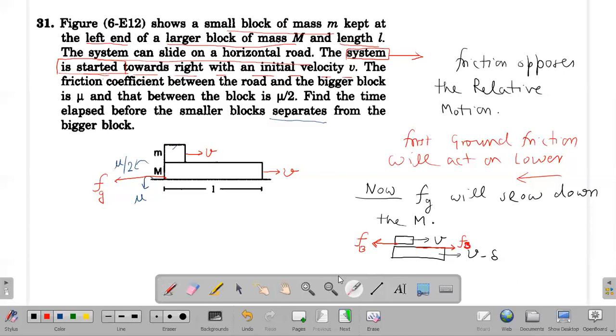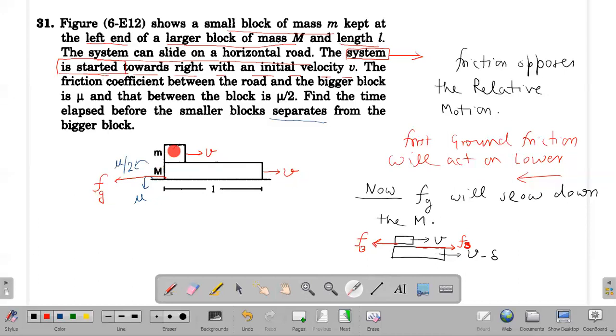So this is the reasoning part of the question. I will repeat it. At the initial moment, friction at the ground will come. It will act on the lower block and reduce its velocity v.